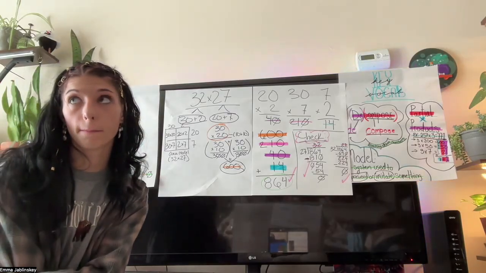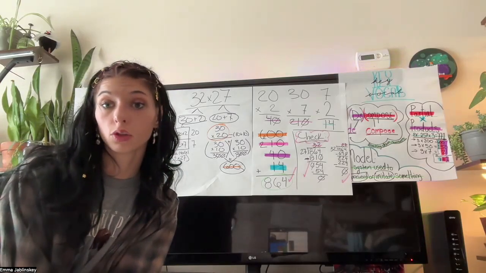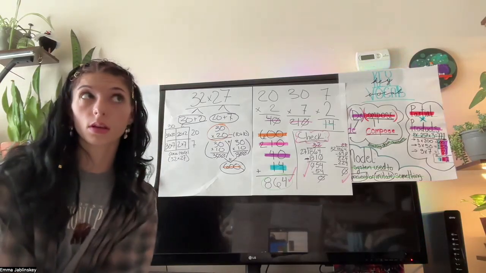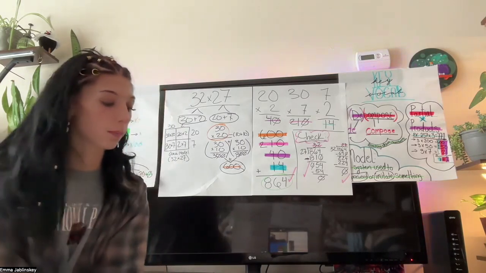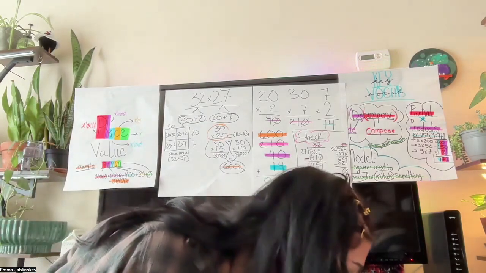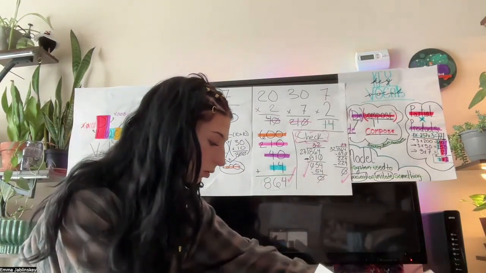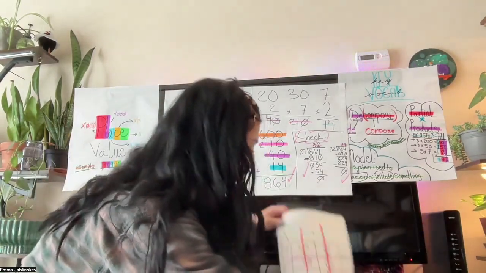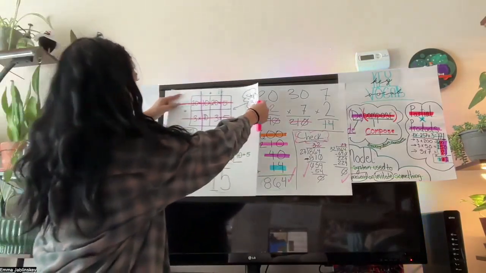So we learned today that multiplying two-digit numbers is easier when we use models. We showed this by decomposing. Let's get our original work up here. We're going to start with our OG problem.